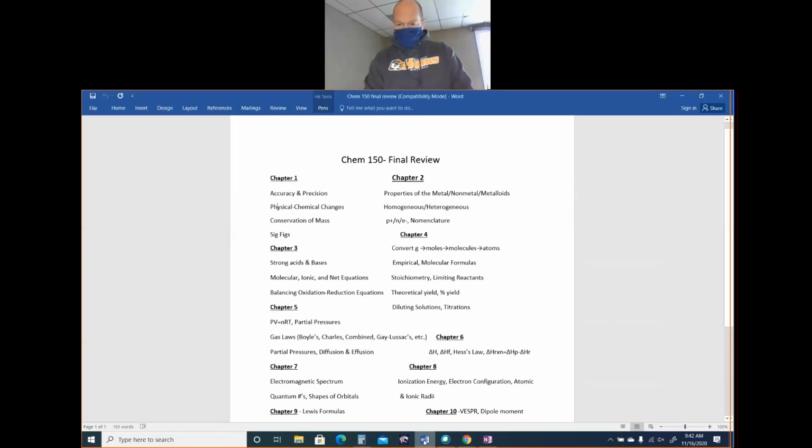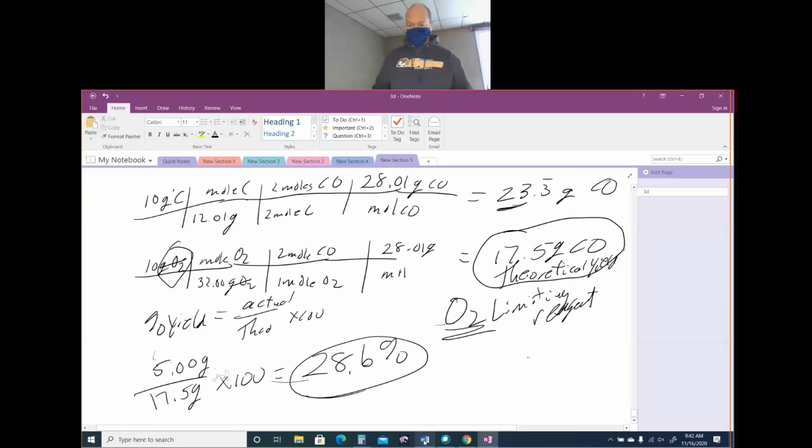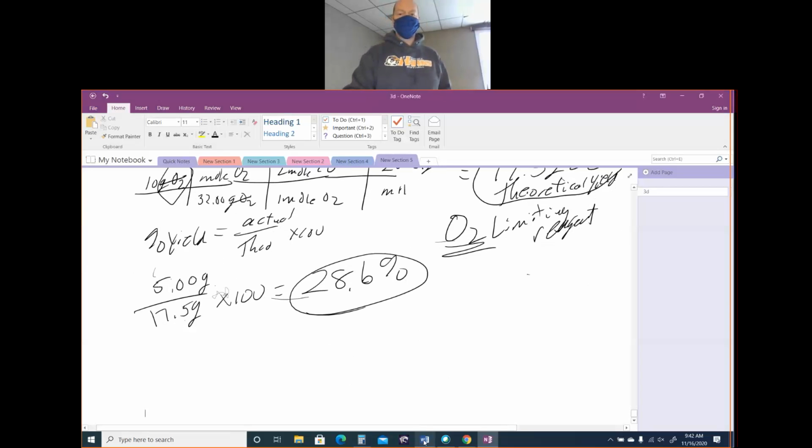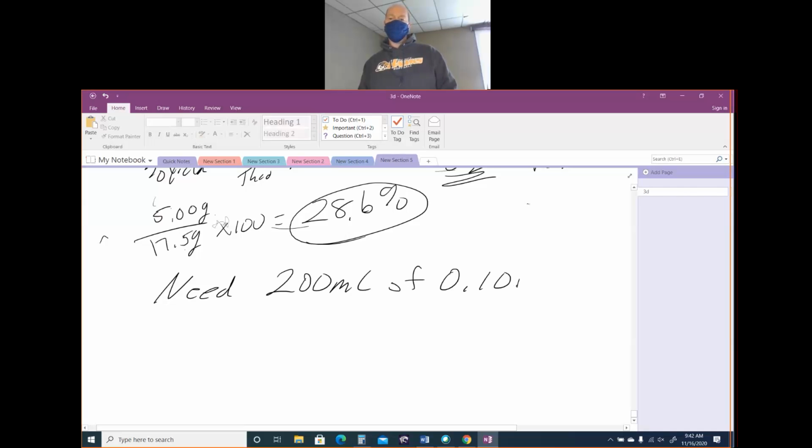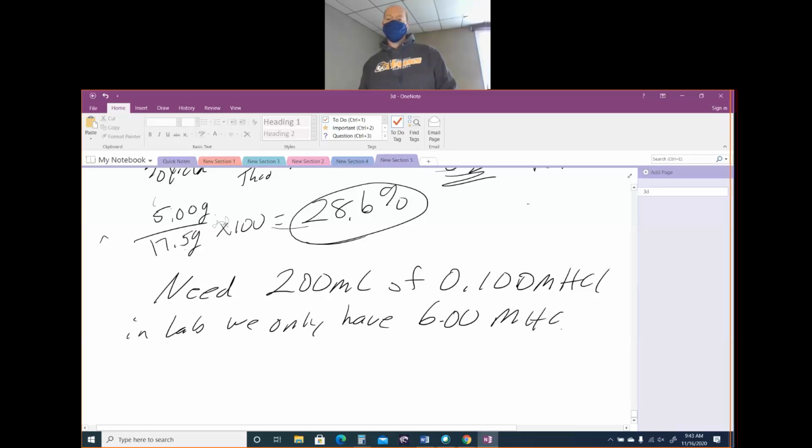Diluting solutions and titrations. All right, so if we need 200 mils of 0.100 molar HCl, and in the lab, we only have 6 molar HCl.